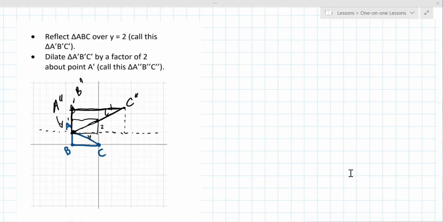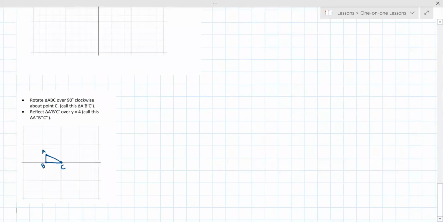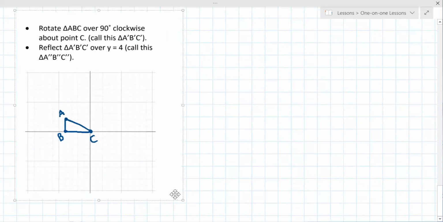All right, I'm going to pull up the next one here. Okay, rotate ABC 90 degrees clockwise about point C. So that's critical. Clockwise means you're going that direction.